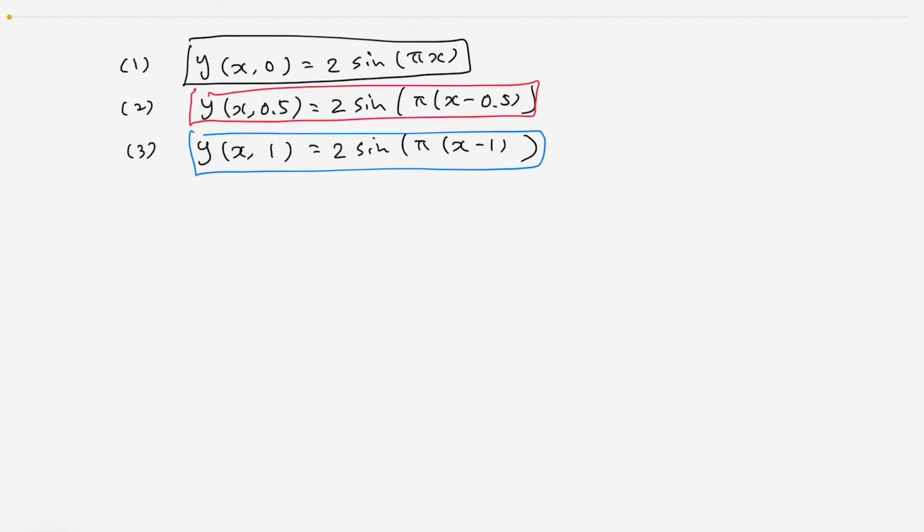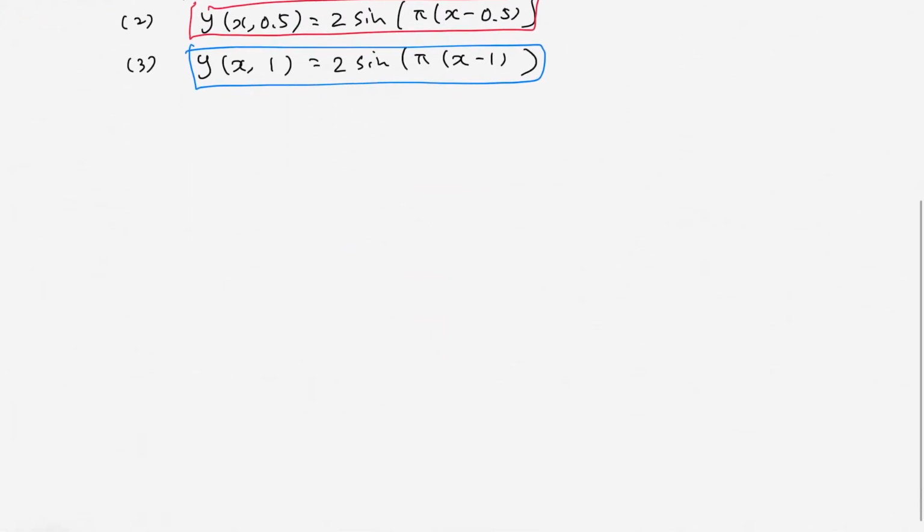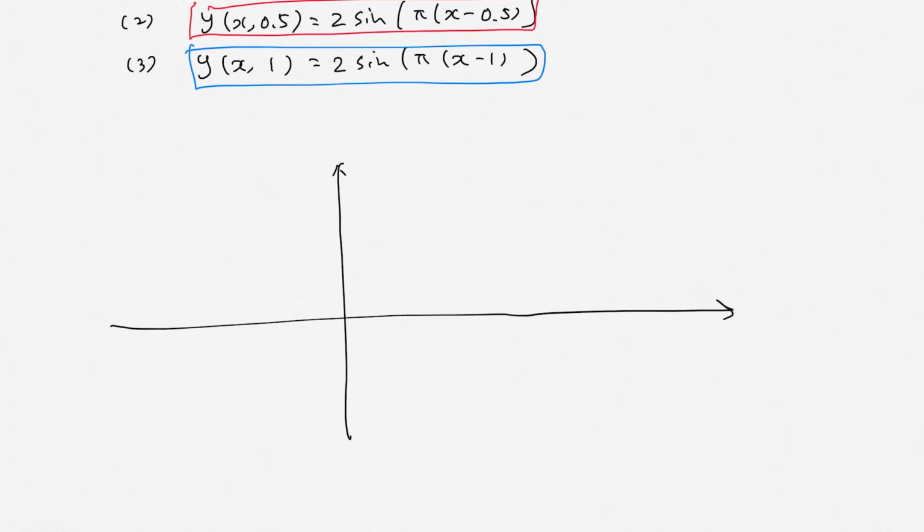It's easy to distinguish each curve. But first of all, I'd like to draw the xy axis. This is x, y. So I'd like to start drawing the first question, y equals 2 sine pi x.